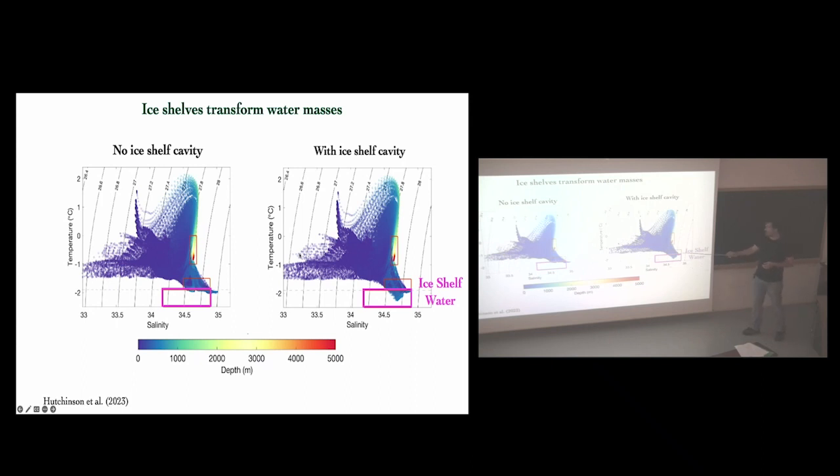It is below the surface freezing point, colder than -2, and very dense. These waters are called ice shelf water, and they are important for the formation of Antarctic Bottom Water. So ice shelves also play a role in water mass transformation in the Southern Ocean.